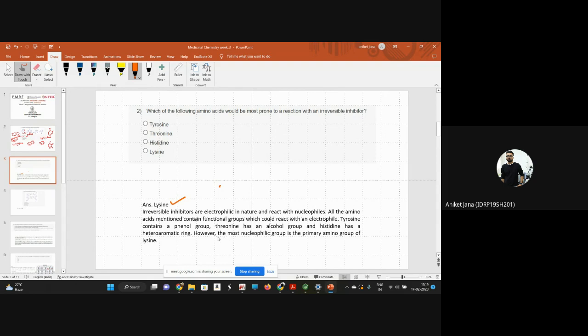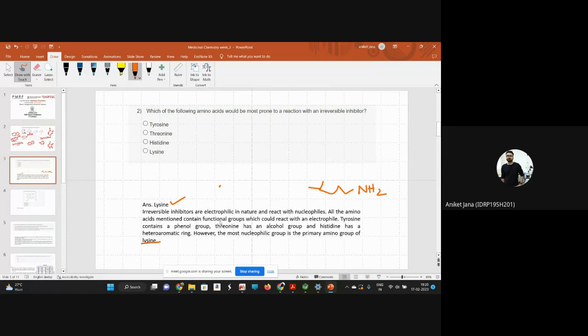So the most nucleophilic group is the primary amino group of lysine. Lysine has in its side chain the functional group free NH2.